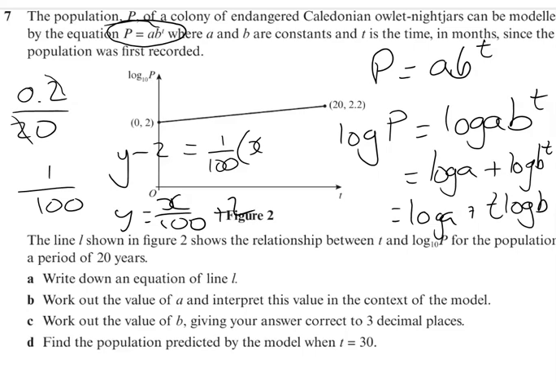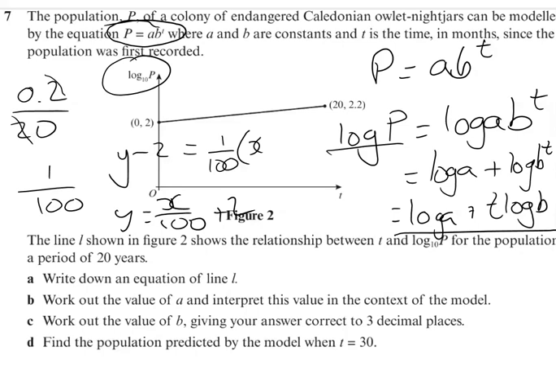Work out the value of a and interpret this value in the context of the model. Well, this is where it's important that we've done this. So if we look at how this relates, our y is actually the log p. So that is the axis, so that is that one. T log b, well, the t is the x.